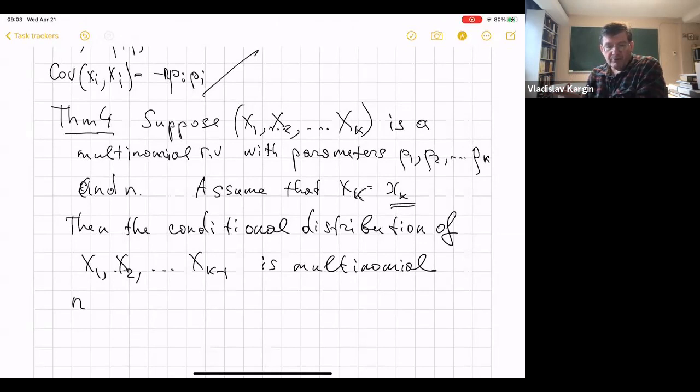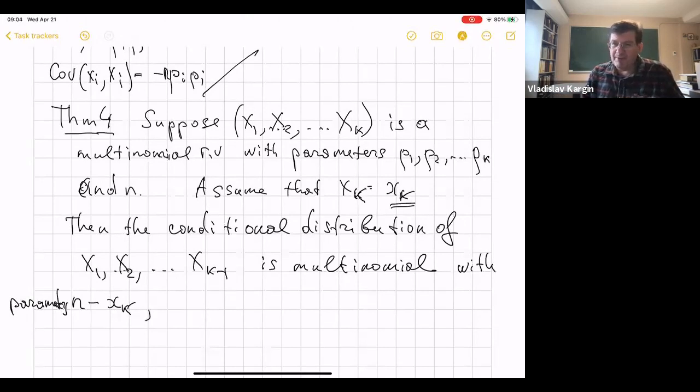So all other outcomes should sum to n minus xk, because xk is already occupied. So this is one parameter, this is trivial: n minus xk.